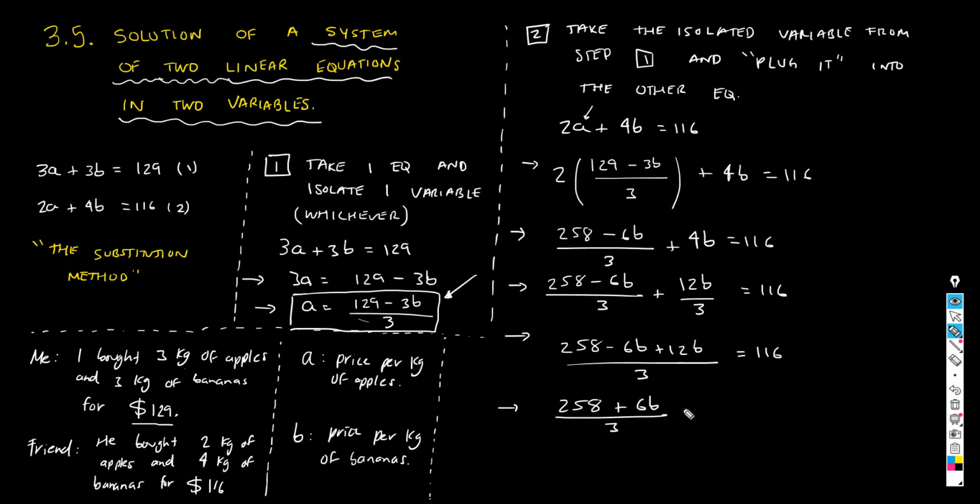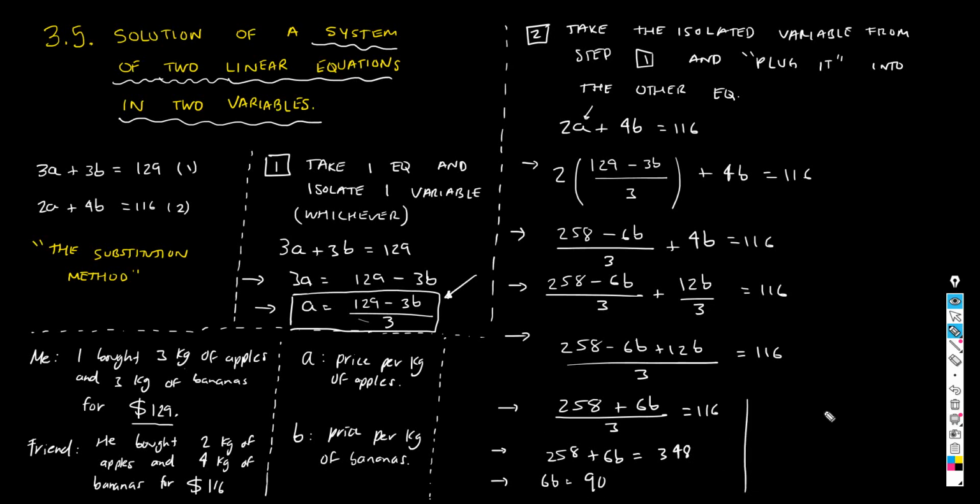Over 3 equals 116. Let's multiply by 3 both sides of the equation, and we get this equals, let me use the calculator, 116 times 3. We have 348, and then 6b equals, let's subtract this number from both sides. That's going to be 90.